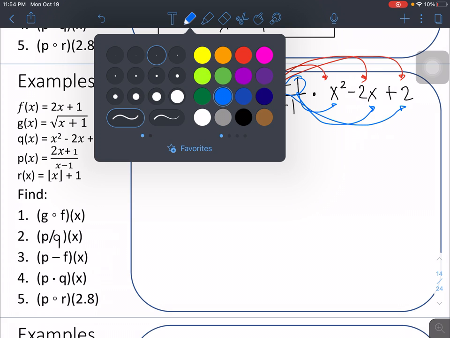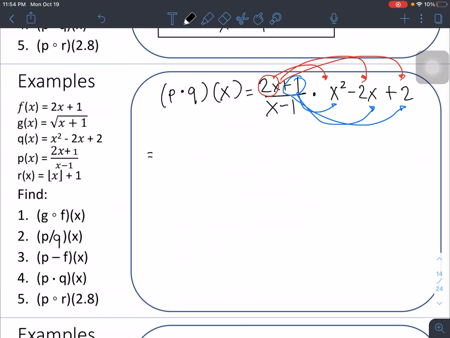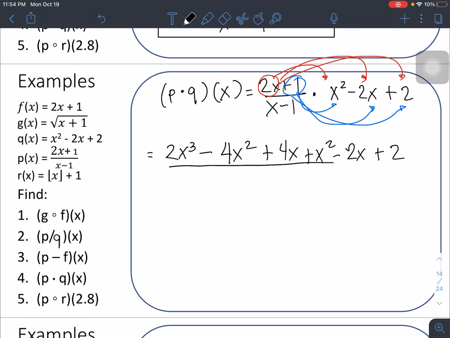Okay, this will be 2x cubed minus 4x squared plus 4x plus x squared minus 2x plus 2 all over x minus 1.